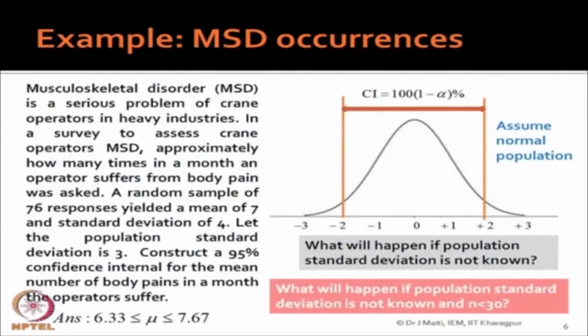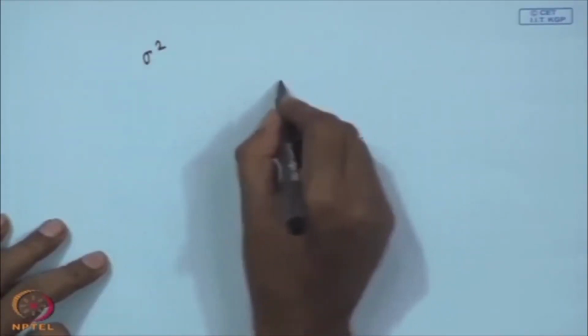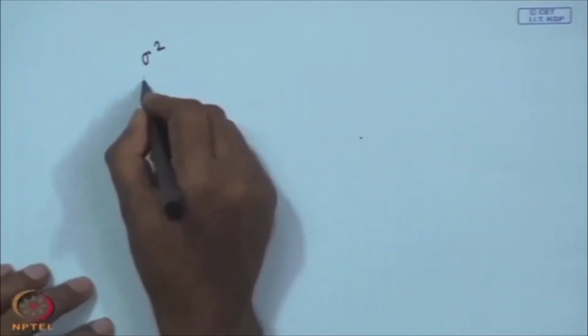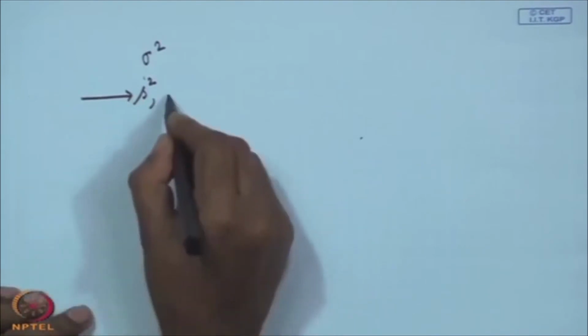So, the same thing can be applied to population variance also, but in the case of population variance your distribution will be different. Population variance means sigma square. What you want? A sample is collected and s square, the sample variance, is computed, and n is the sample size.